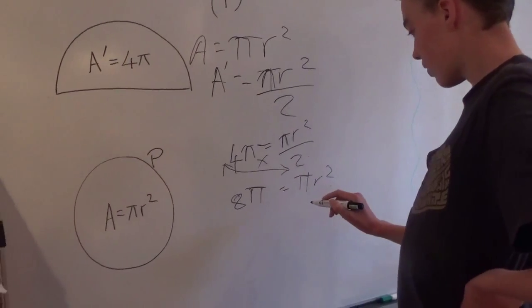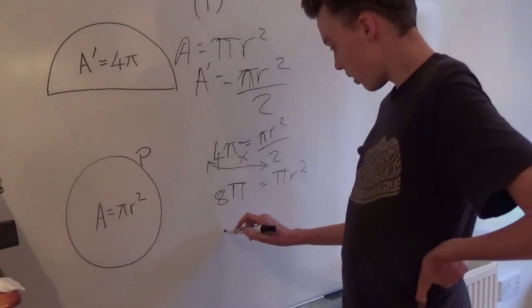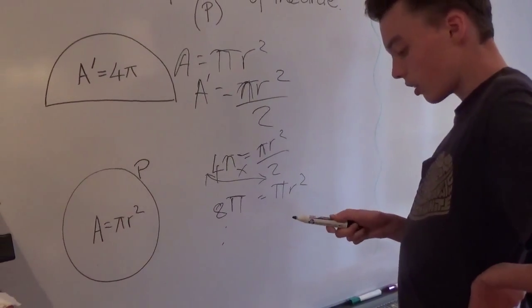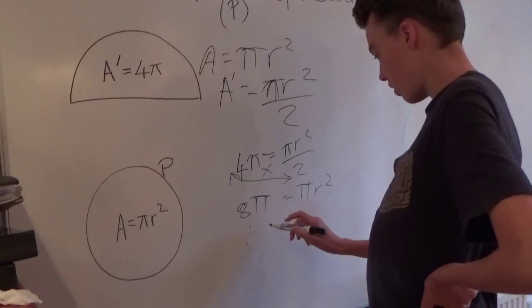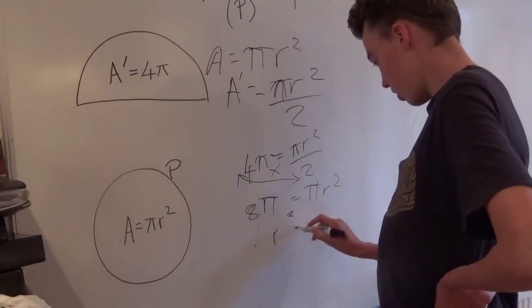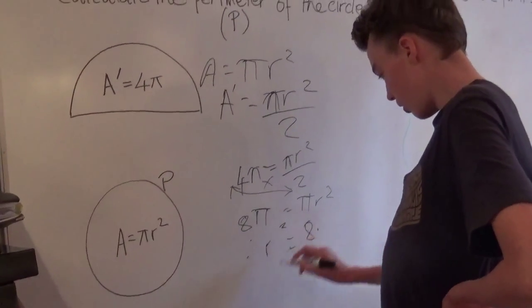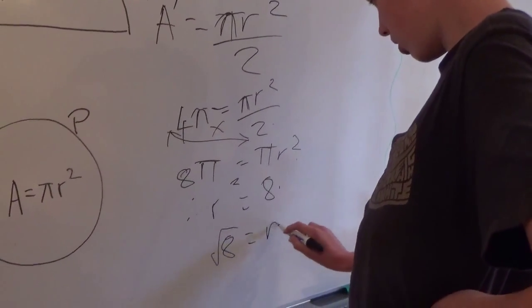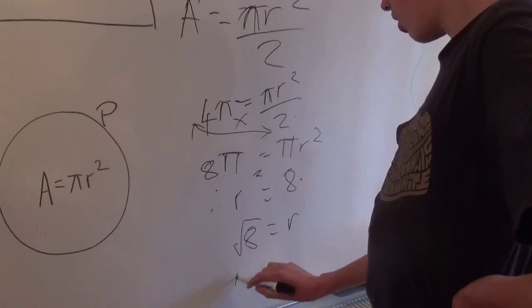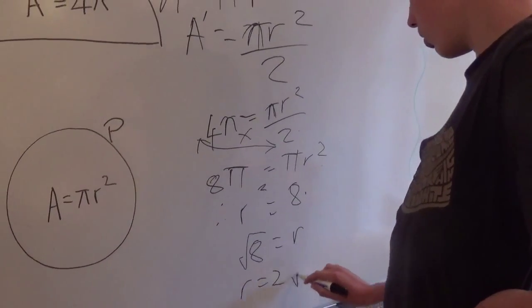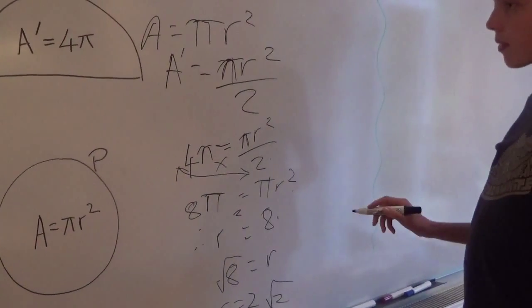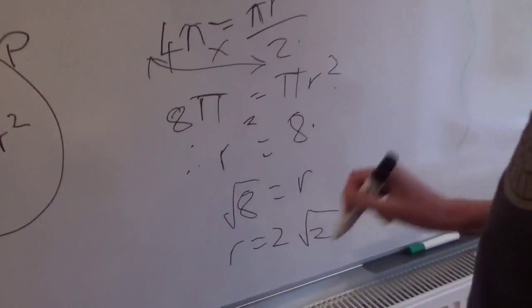So rearranging and simplifying gives r squared equals 8, therefore root 8 equals r, and then r equals 2 root 2, because that's root 8 in its simplest form. Okay, so that's the radius.